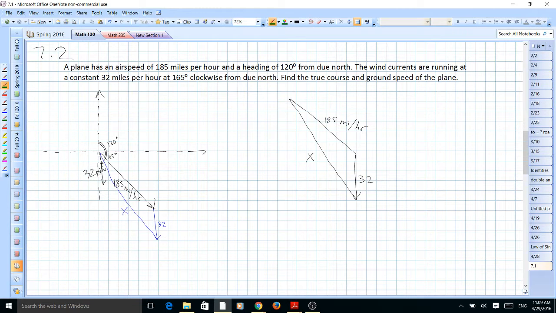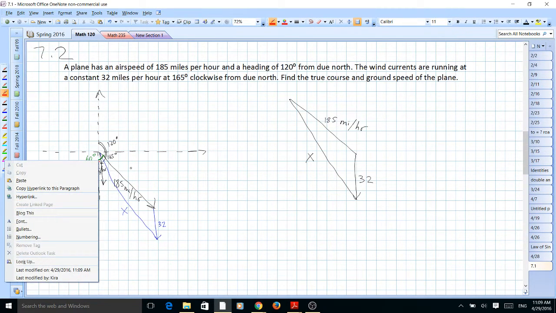So I have a couple of things going on in here. I know that this green angle is going to be 60 degrees. I also know that this little angle, I'm going to label it as red, this little guy right here.